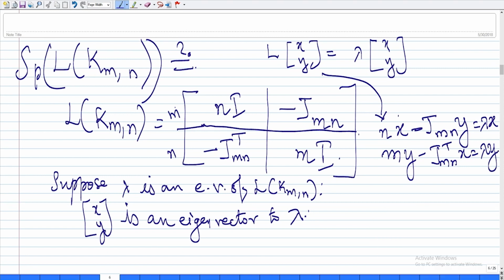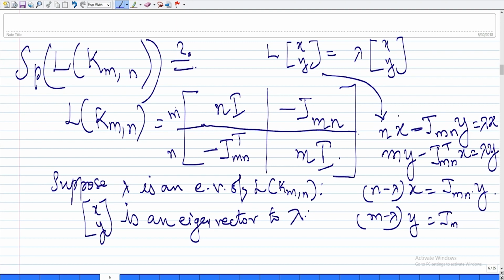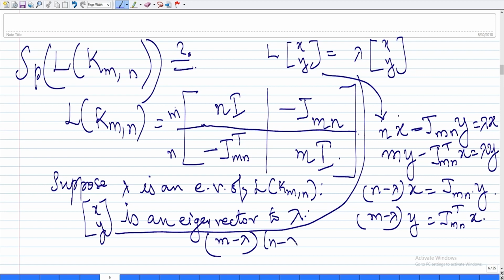So from here we can rewrite the whole expression as (n minus lambda) times x is J m,n times y, and (m minus lambda) times y is J m,n transpose x. Now let us look at this expression: (m minus lambda) into (n minus lambda) times x.